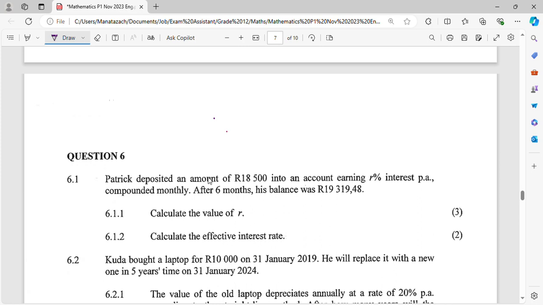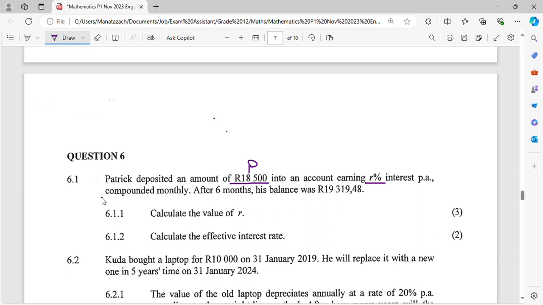Patrick deposited an amount of 18,500 into an account earning R% interest rate per annum, compounded monthly. As you read the question, it's important to think about the information that you've been given. Since the deposit was this amount here, this will be our P, and the interest rate is an unknown.